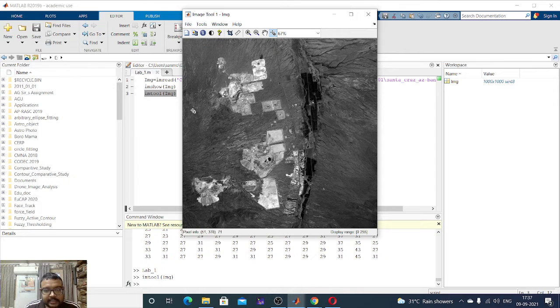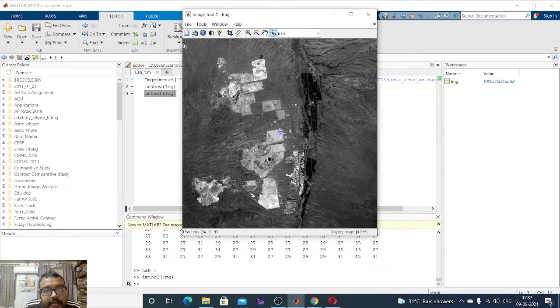Since it is showing the pixel information, you can say that it is at 1 1 and the pixel intensity is 75. But if you want to see more details about that region, you can select this tool.